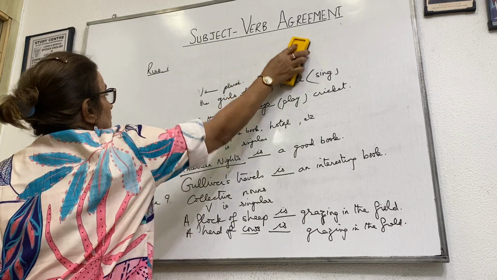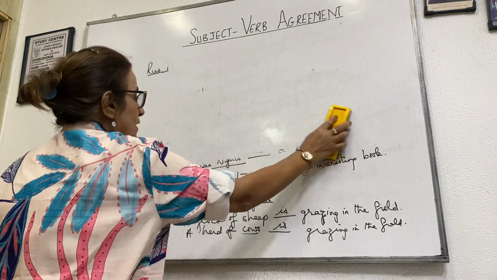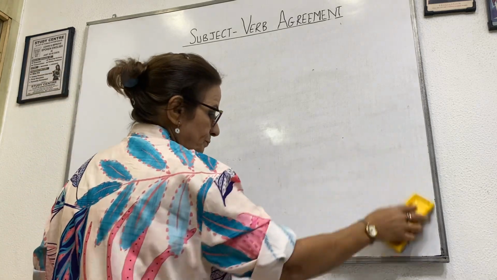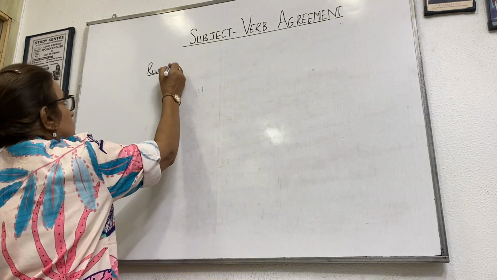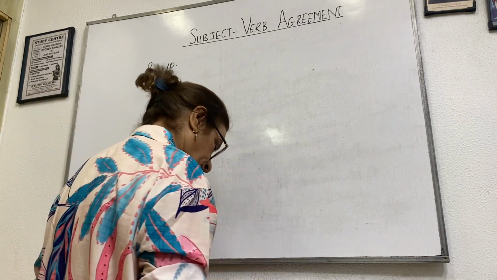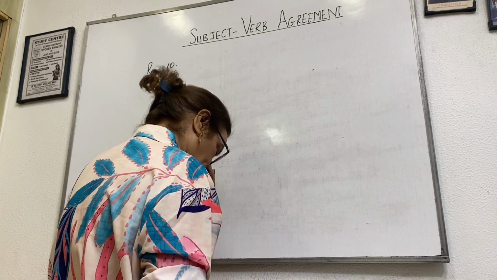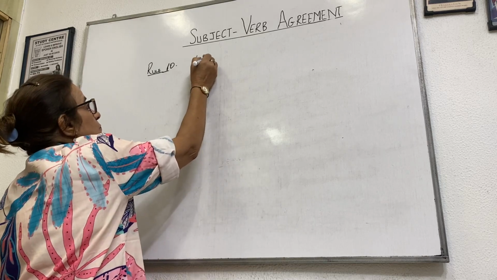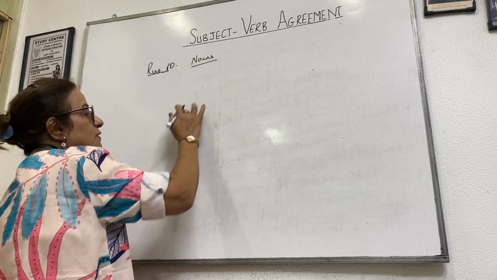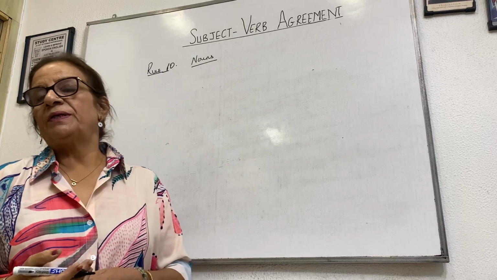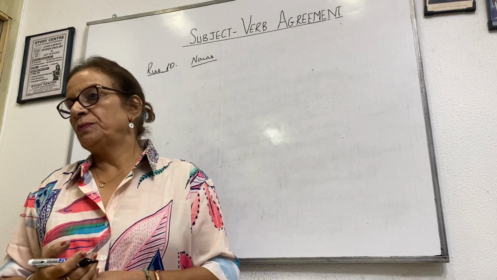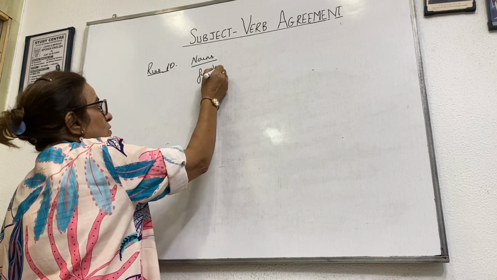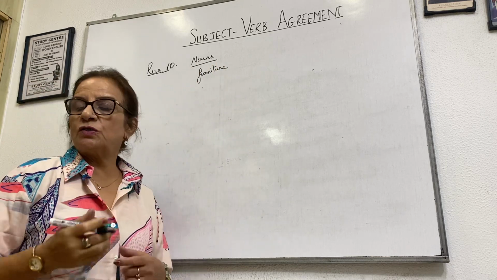Now, let's go to the next one. Rule number 11. Or was it 10? There are some nouns. Okay? They sound plural. They are plural, but they always take a singular verb. Okay? For example, furniture. Furniture is singular also furniture and plural is also furniture.